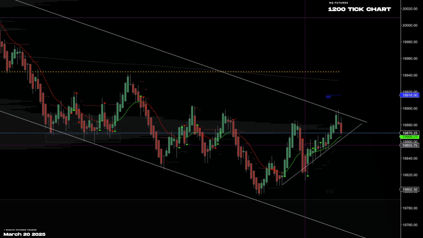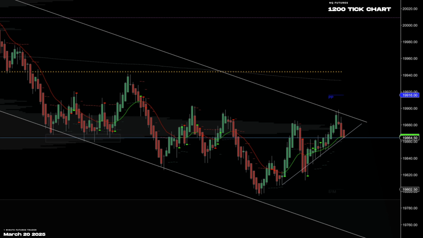Because we are at the top of this level, it can be a good area to think about shorting here. I have this level, and I'm keeping an eye on it. If I see the price going through here with a strong bar, then I may join with a scalp entry.